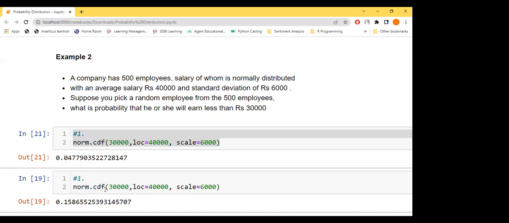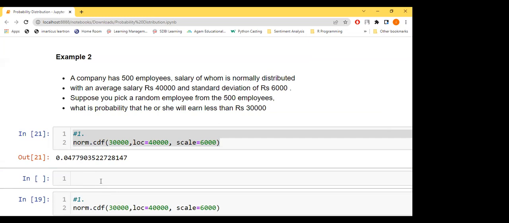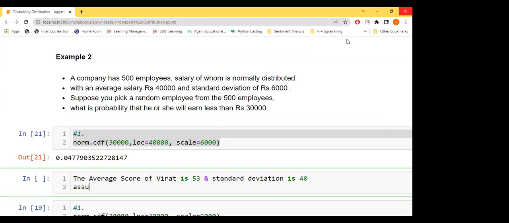Can you give me anyone? Standard deviation is 40 or 4. Perfect.